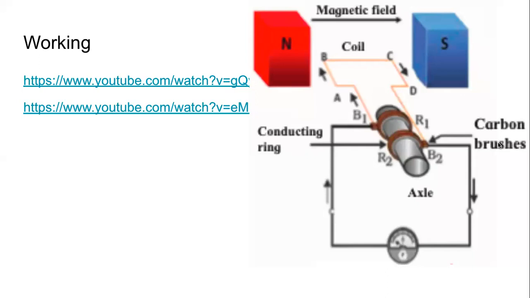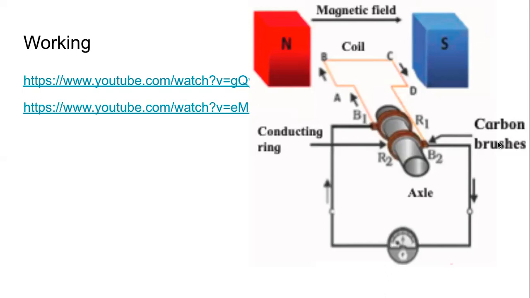And the basic difference between what we saw in case of a DC motor and what we are seeing in an AC motor is, in addition to the split ring, here we have two complete rings, and one arm of the coil is always connected to one ring and the other arm of the coil is always connected to the other. There is no exchange of arms, which happens in case of the DC construction.